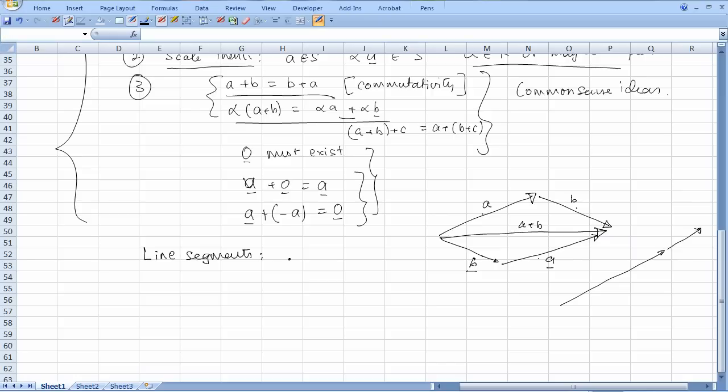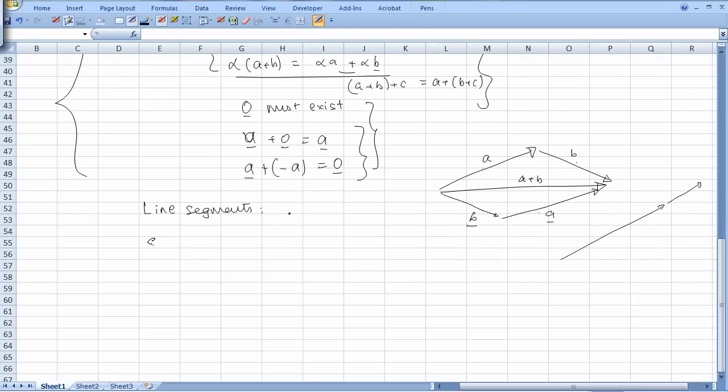But there are a lot of unconventional vectors that also have the same properties. For example, if I look at the set of all functions f of x for x between minus infinity to infinity.